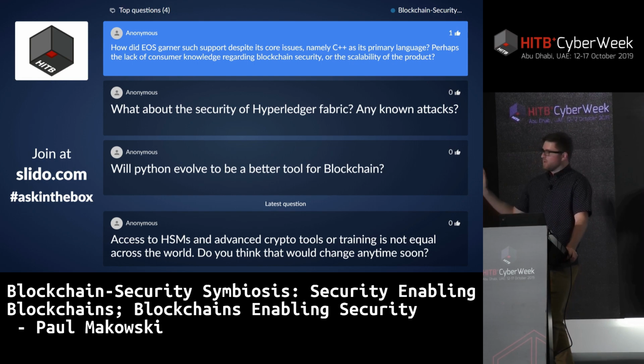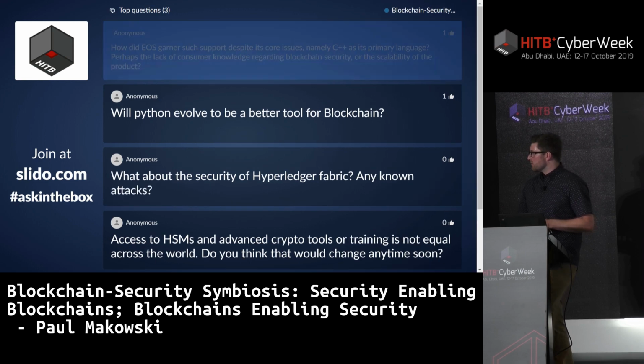So C++ or otherwise, they just didn't have an implementation when they were doing this, at least initially. So I think it's primarily around the hype, more than anything else. People wanting other people to buy EOS tokens at a less favorable exchange rate than they were getting. I think that's really the core of it.